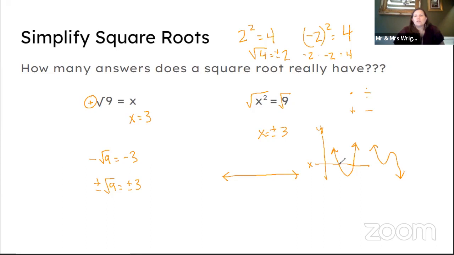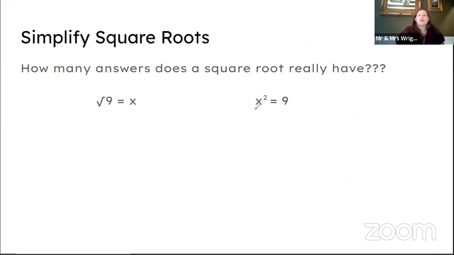With a parabola, it's got two places most of the time where it crosses the x-axis, and many times one will be positive and one will be negative. So it's extremely important that when you introduce the square root of a number into solving any equation, you make sure to consider both answers.